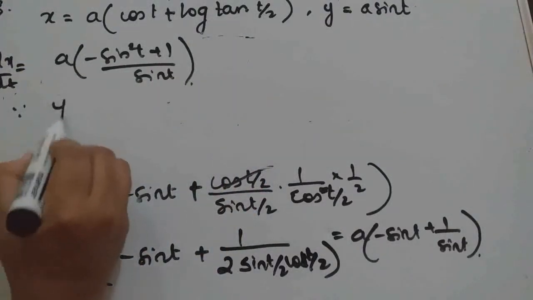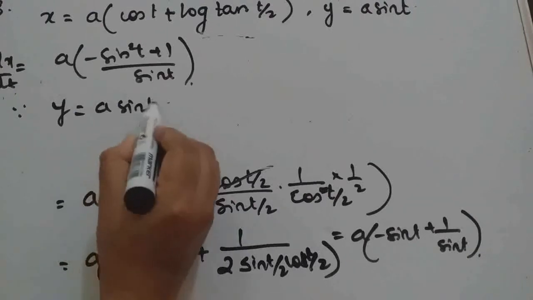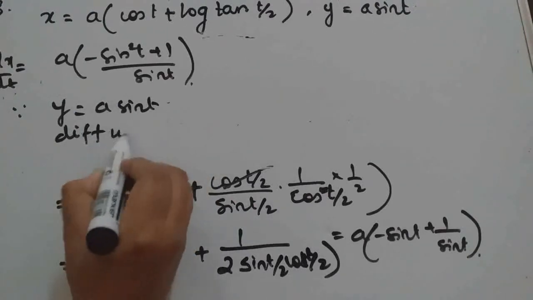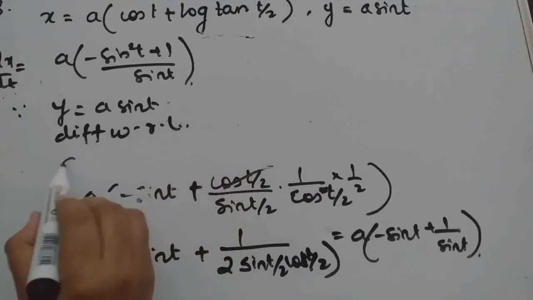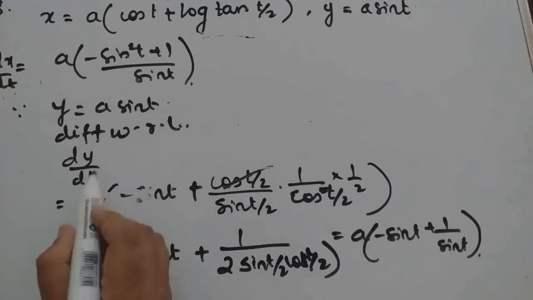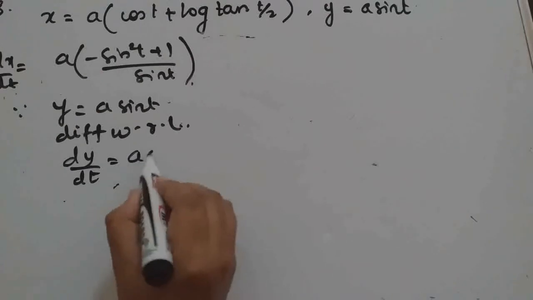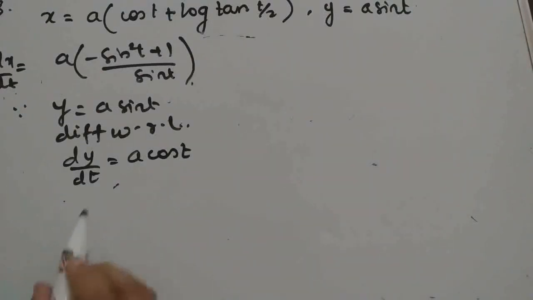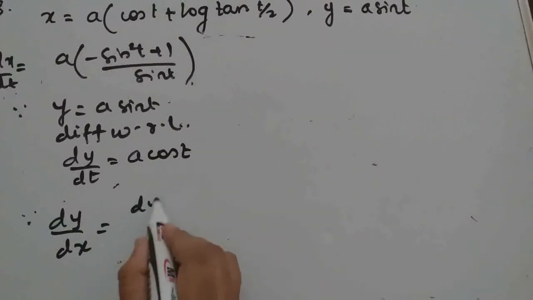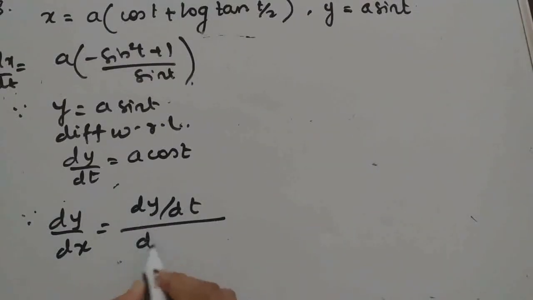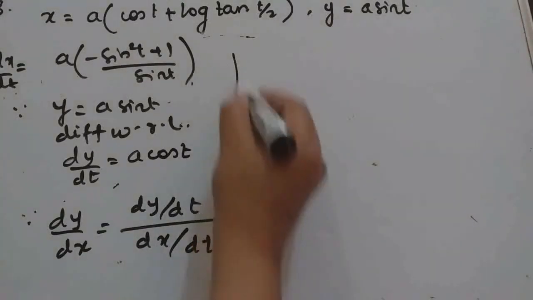Now since y is a sin t, differentiate with respect to t. So dy by dt will be a cos t. Now since we know dy by dx is dy by dt divided by dx by dt, we will substitute the values here.